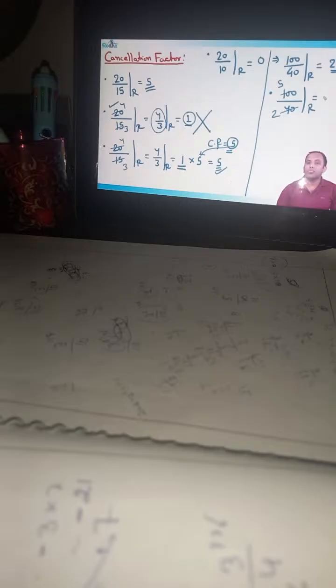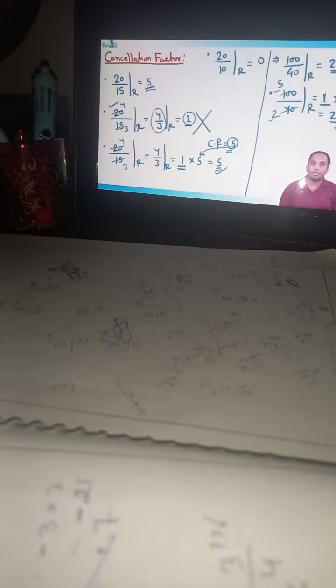Now 5 by 2: what is the remainder? 5 by 2 remainder is 1. And just multiply that final answer 1 with the cancellation factor. So 1 into 20 becomes 20. So a very important concept, the cancellation factor.